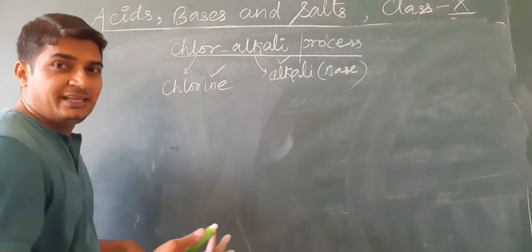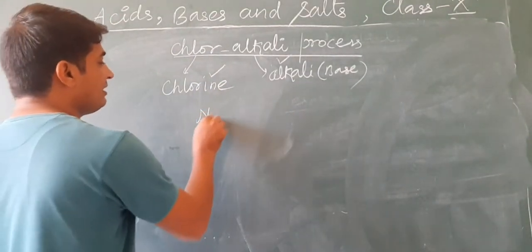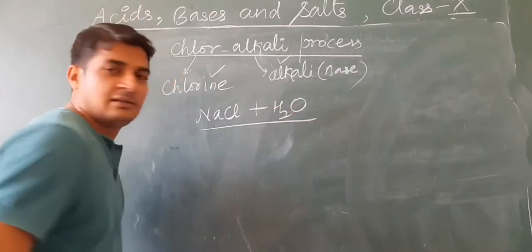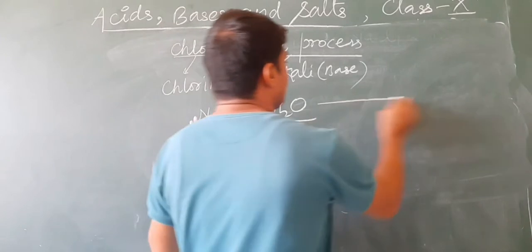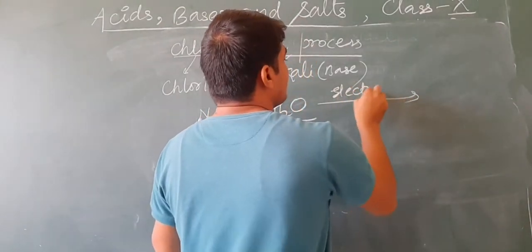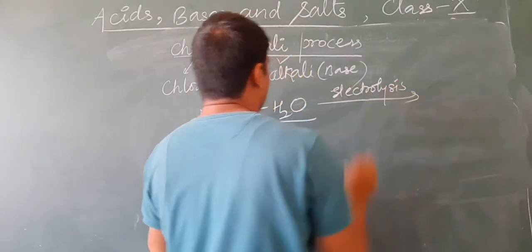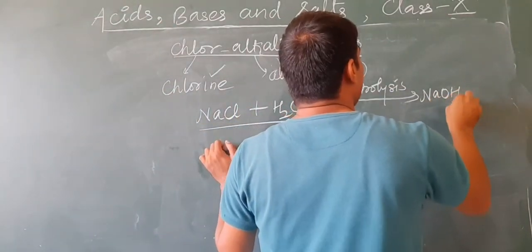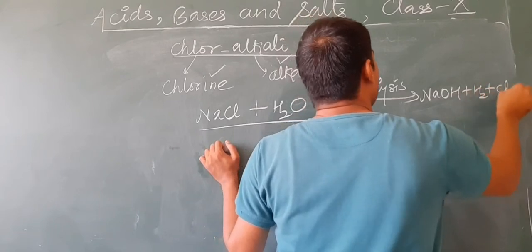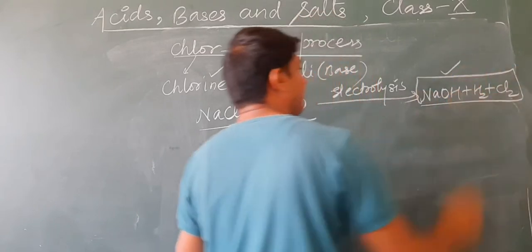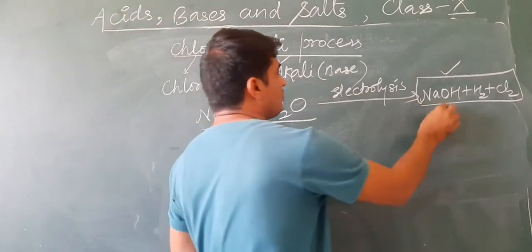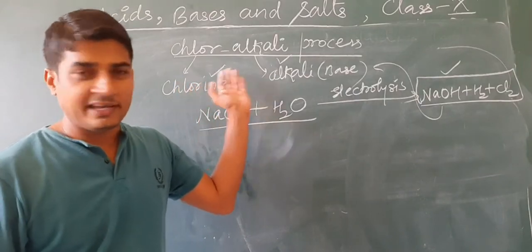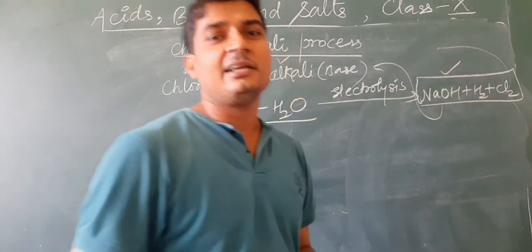When brine solution, NaCl plus H2O, is electrolyzed, sodium hydroxide, hydrogen and chlorine are produced. Sodium hydroxide is the alkali and chlorine is the chlor. So this process is known as the chlor-alkali process.